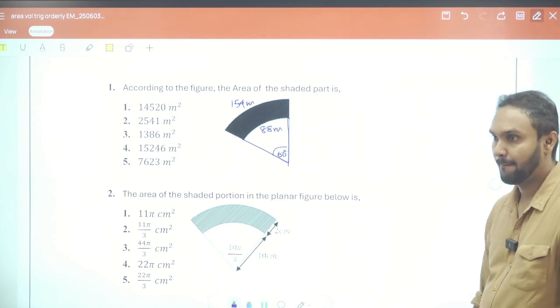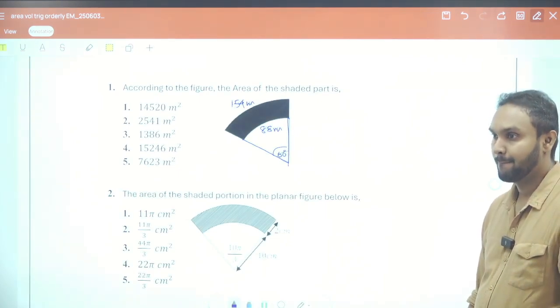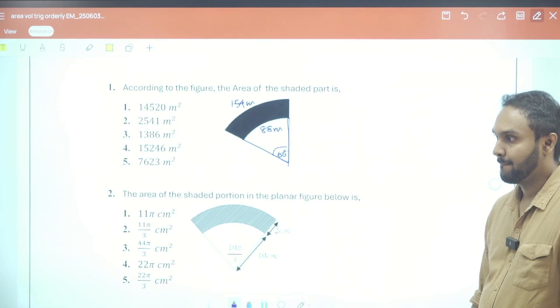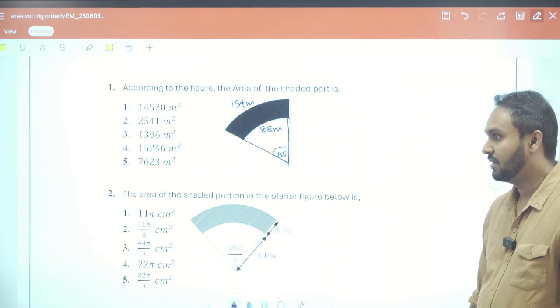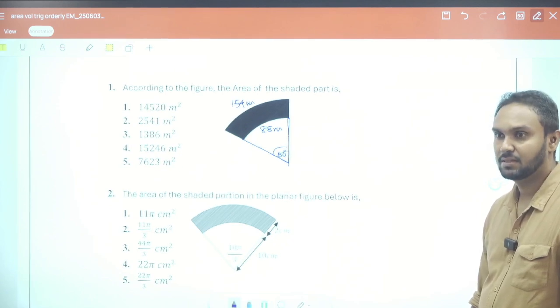Found it? To find the radius, better you put S equals R theta.